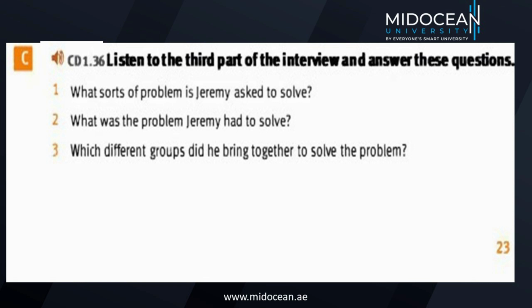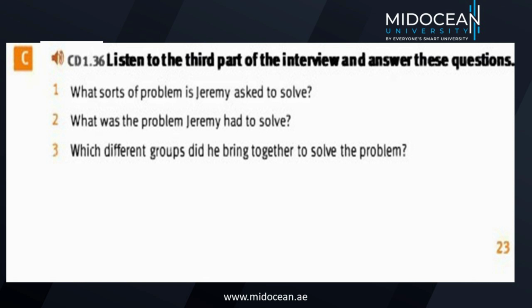Can you give an example of a problem you solved? My customers usually ask me to help them solve complicated problems where lots of people need to be involved in designing the solution. Recently, there was a computer system that had to be introduced that affected millions of customers and their bills.